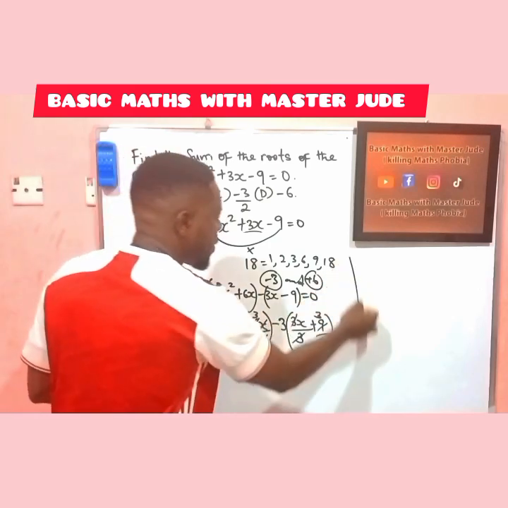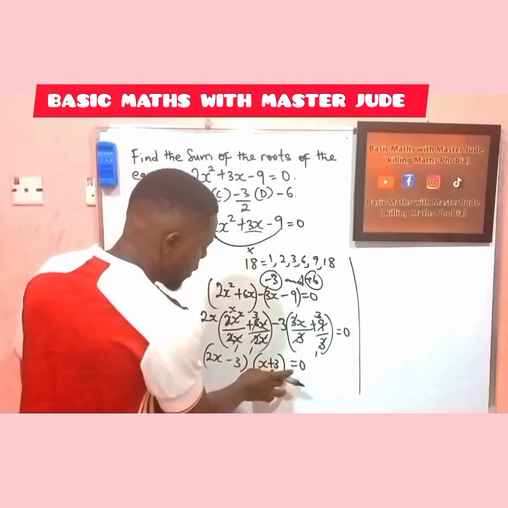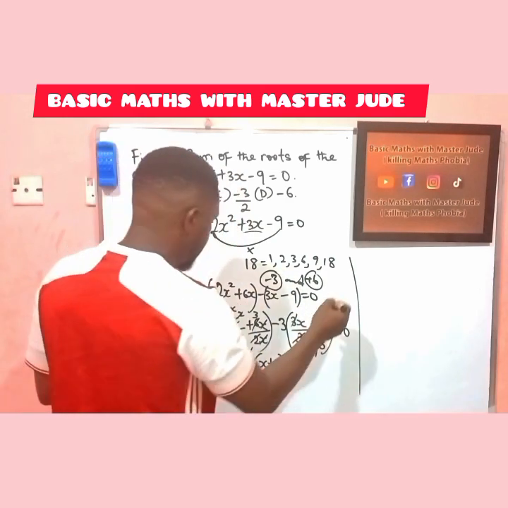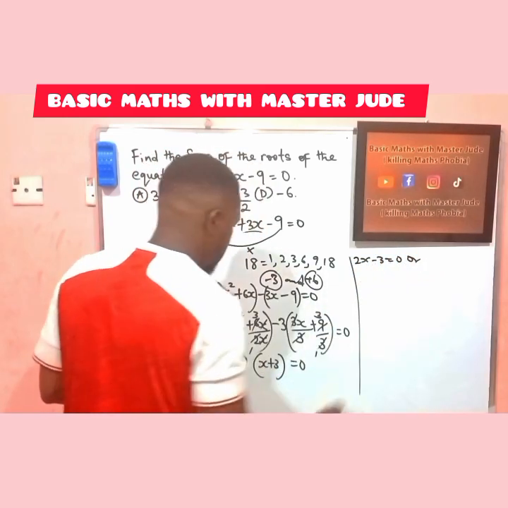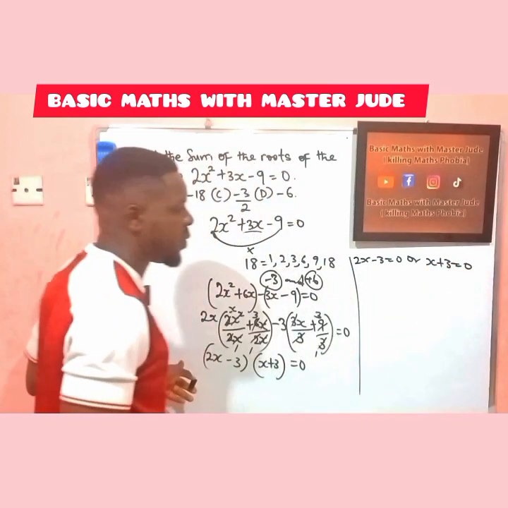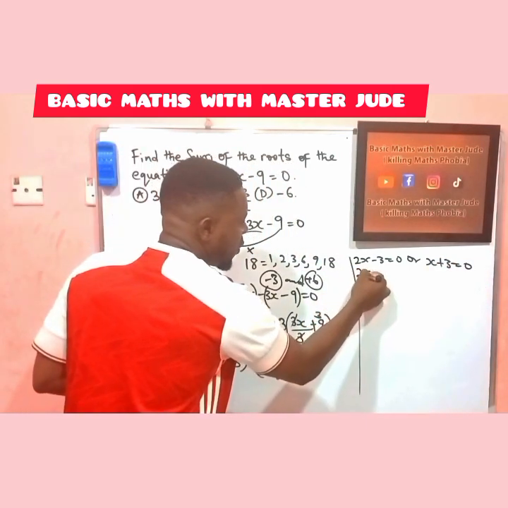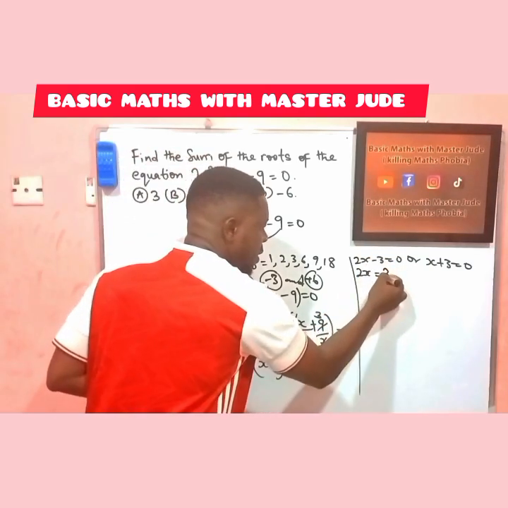Now, since 2x minus 3, x plus 3 is equal to 0, what it means is that 2x minus 3 is equal to 0, or x plus 3 is equal to 0. From here, I'm going to have 2x is equal to minus 3 crossing the equality sign becomes plus 3.